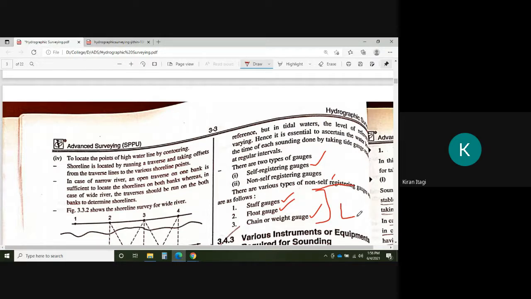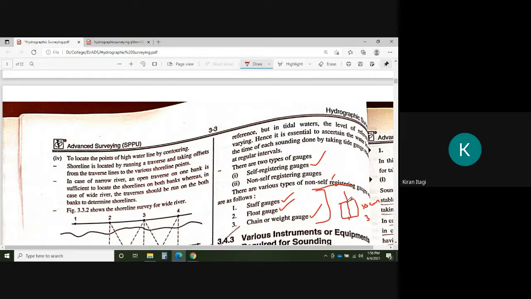If I take a bucket here, to make you understand clearly, this is my bucket, and I want to determine the depth here. I am doing it manually, not automatically. So I will take a 30 centimeter steel scale and dip it.